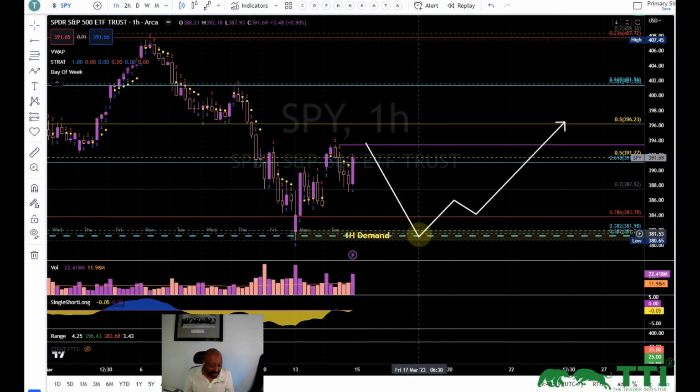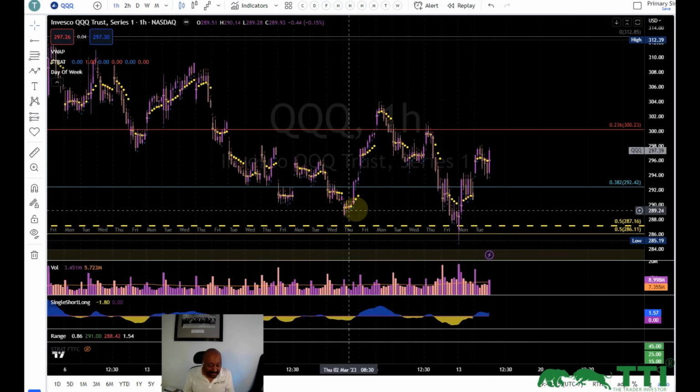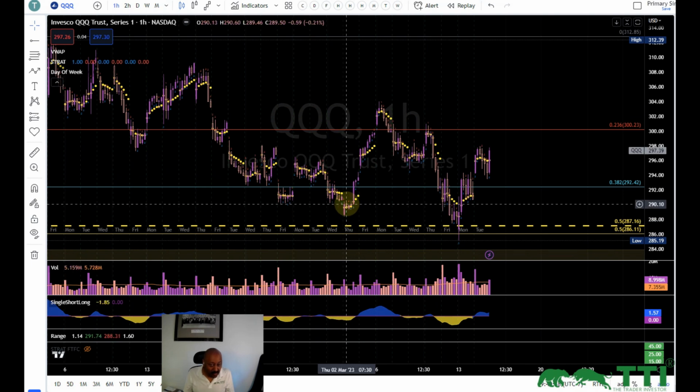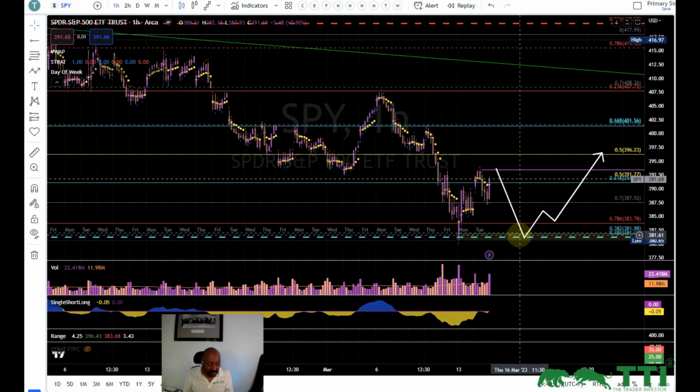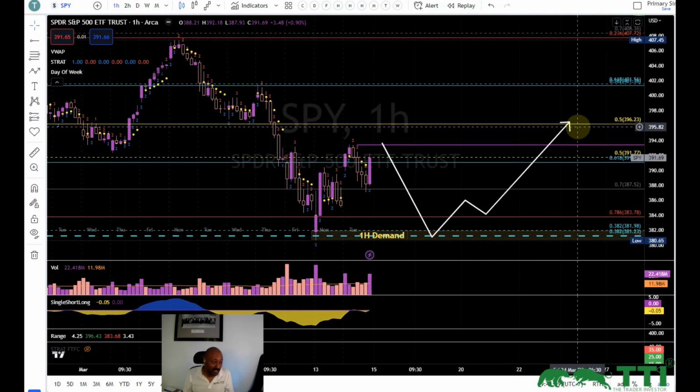Again, if price comes down here and I get this, man, this is what we missed last week. So if SPY comes down here between now and next Tuesday, this is what you should think about. One trade is to the upside, another trade is in this area to the downside, targeting the demand zone, and the third trade is at this demand zone if we get a reversal signal like railroad tracks, engulfing, hammer, pin bar. If we get one of those, here we take it to the upside again.